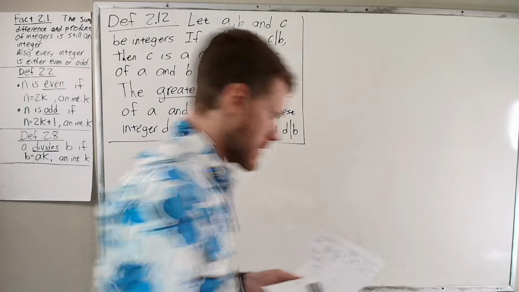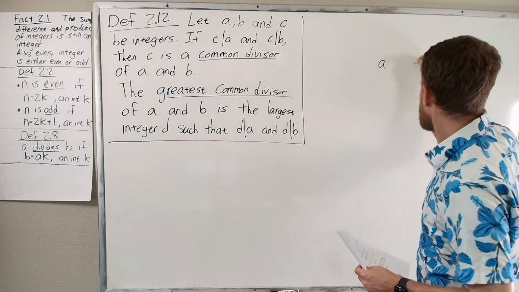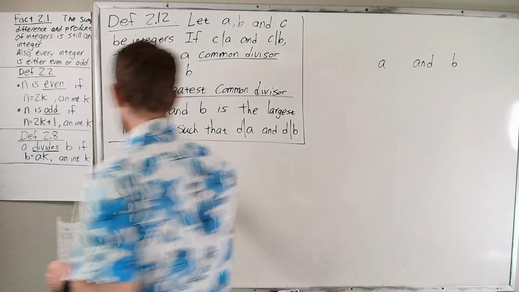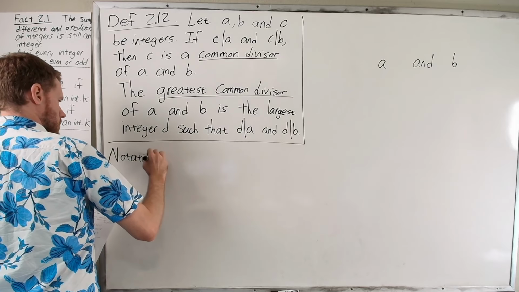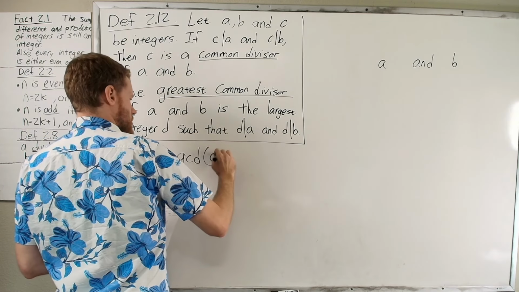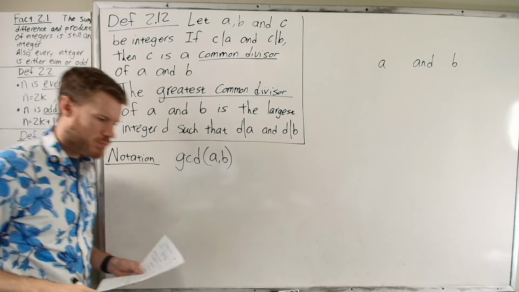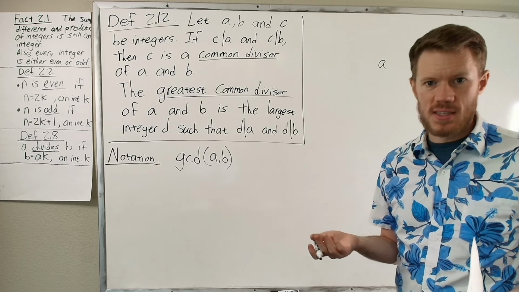Well, first of all, given any 2 integers, A and B, actually, before this, let me give you some notation. The notation for the greatest common divisor of A and B is written like this, GCD of A and B. Okay. So why do 2 integers always have a GCD?